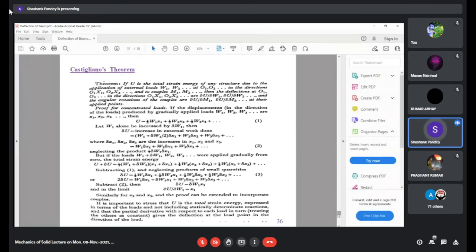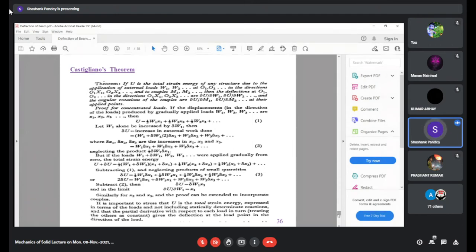Here we will see that because of a single load W1, this deflection can be expressed in terms of X1. So we can write the expression for this energy in terms of the displacement and the corresponding load as half the sum of all the work done.